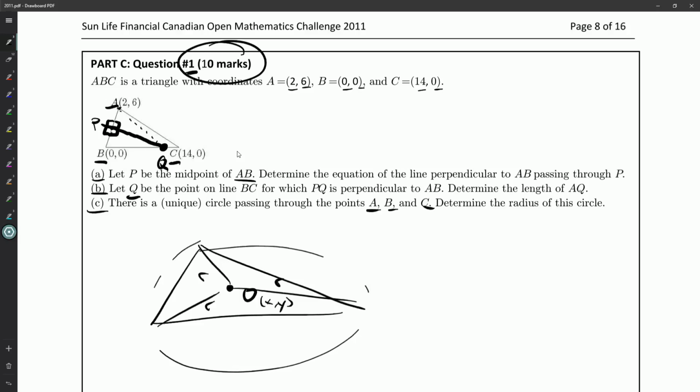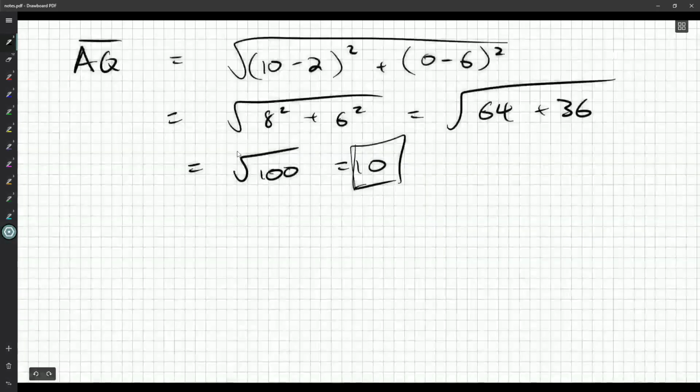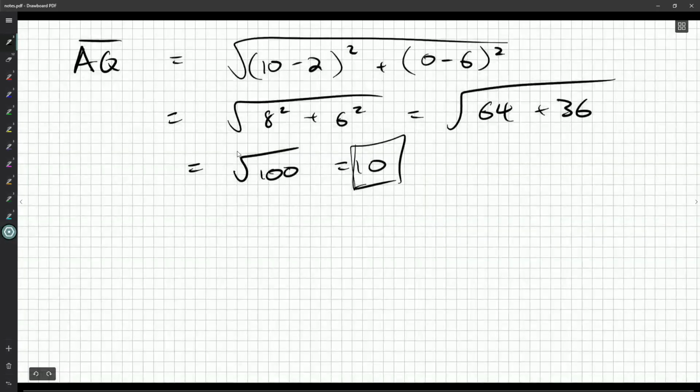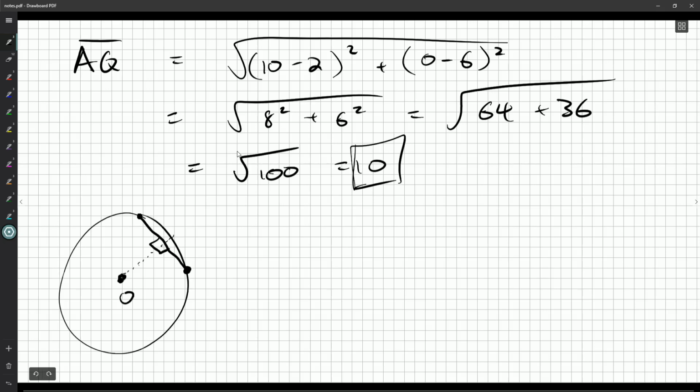But one way to do this with a little knowledge of circle geometry is to know that if you're looking at a circle and you've got the center of that circle and you have a chord, so just a line connecting 2 points and the line is wholly inside the circle, that if I drop a perpendicular line from the center of the circle to that line, it'll pass through the midpoint of that line.